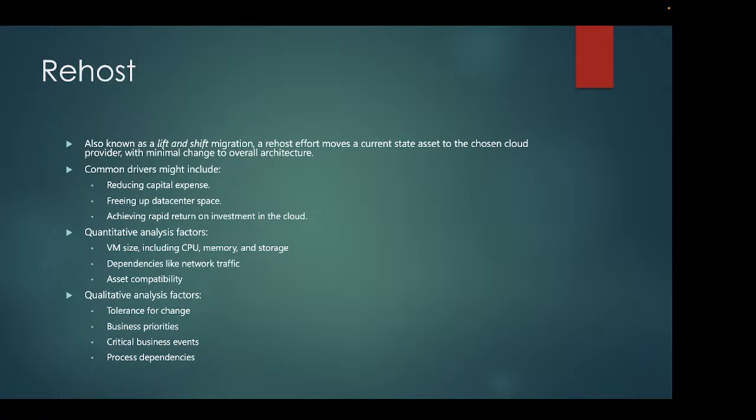Then tolerance for change, business priority, and critical business events and process dependencies. Those factors need to be identified, because if something has a critical business priority, it might be a good situation to modify it rather than just rehosting it. It depends on how it's needed.